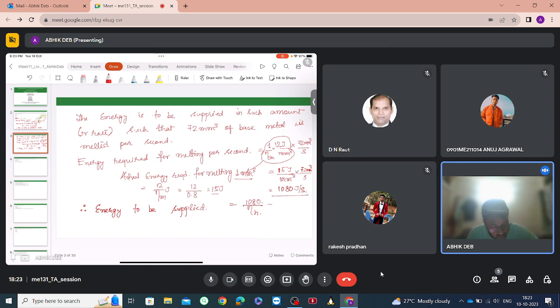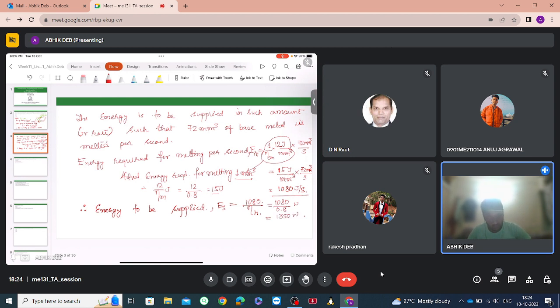Okay, so the amount of heat to be supplied by the welding head is equal to 1080 by the heating efficiency. So this will be 1350.